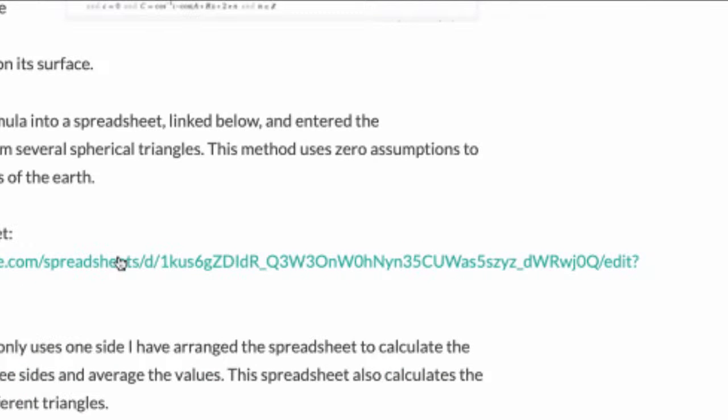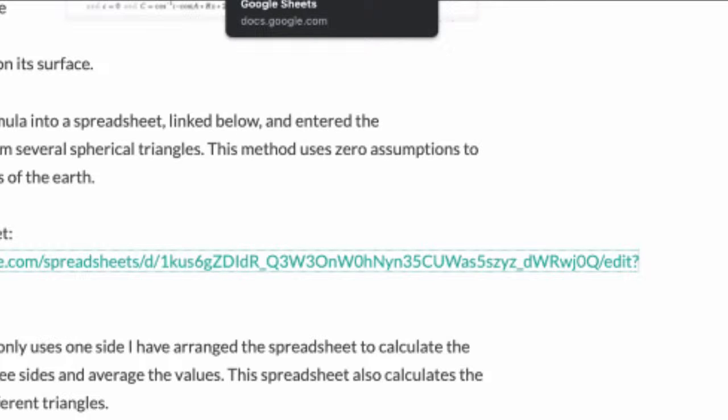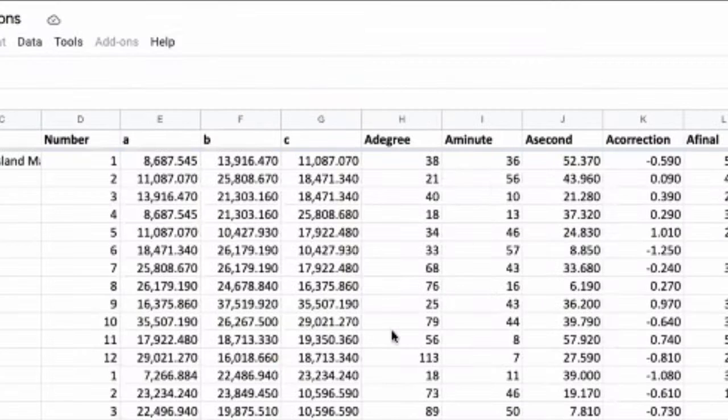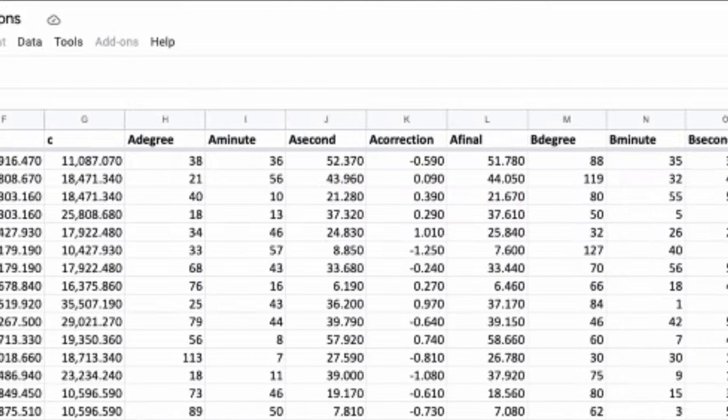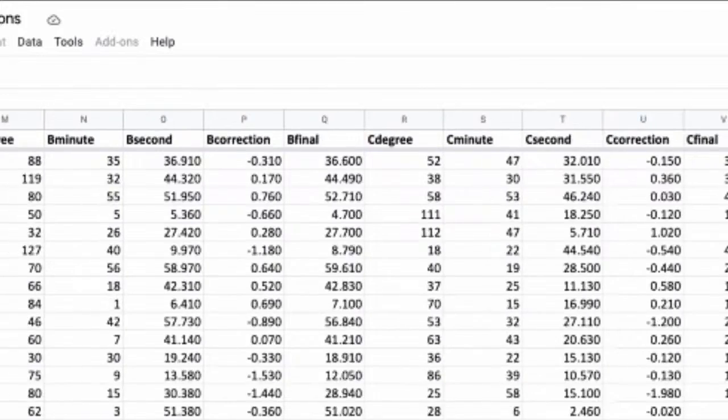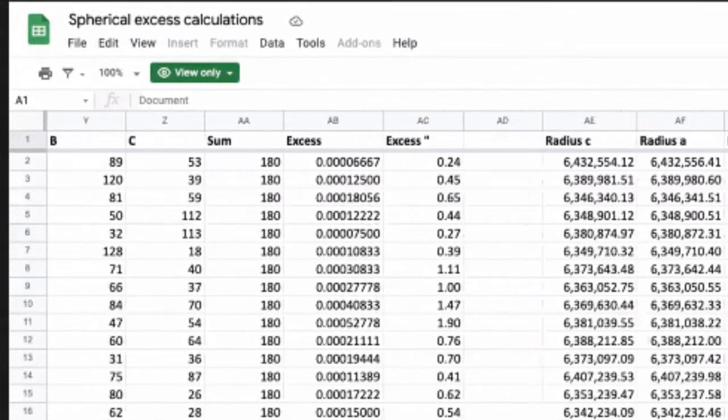You can take this formula, plug in the sides of the triangle and the angles of the triangle into this spherical trigonometric function and find out the radius of the object that it's sitting on. I've done that for bunches of these different measured triangles and put them all into this spreadsheet that you can look at, you can download, you can analyze it yourself. And we've found that the radius of all these is very much in line with each other.